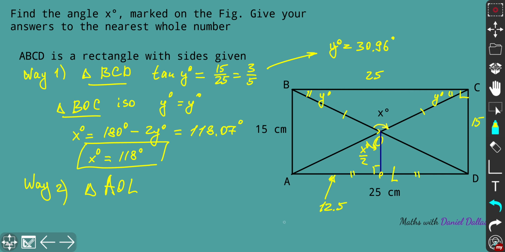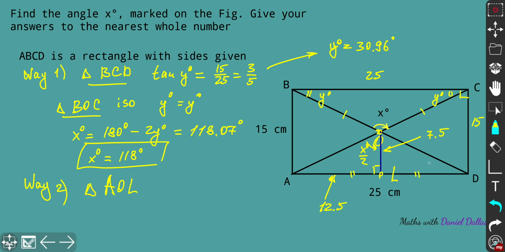Okay, and we know also that side because it's 15 over 2. So remember that splitting point for the diagonals means that if you put a line, it splits rectangle on 2 equal rectangles in this case. So that's why we will use this fact and say that that side OL is simply half of 15. So it's going to be 7.5.